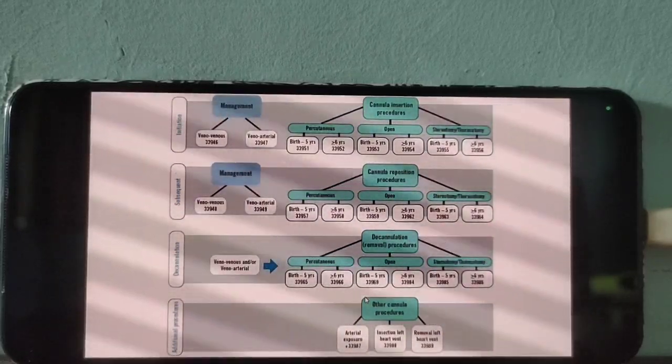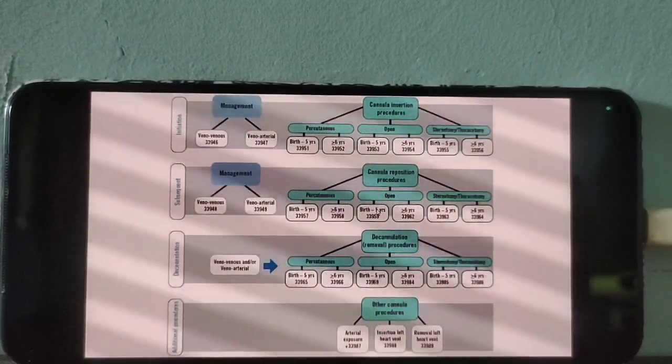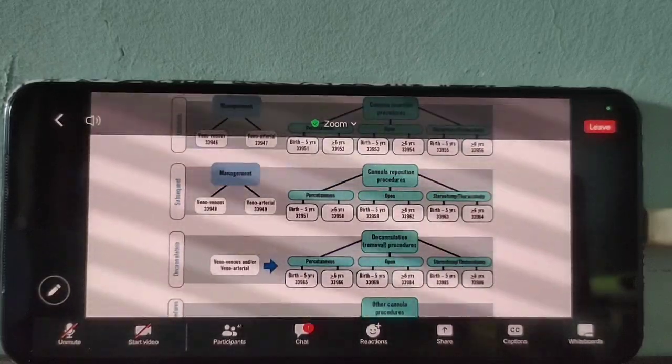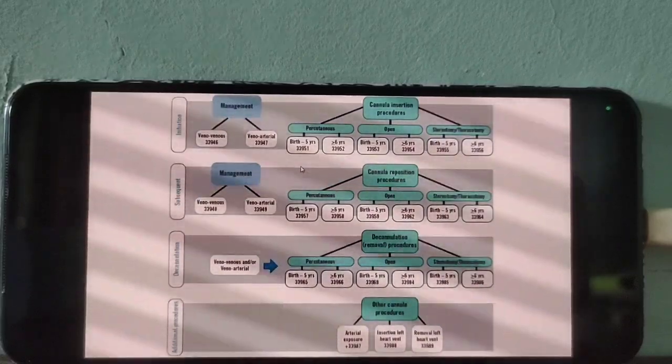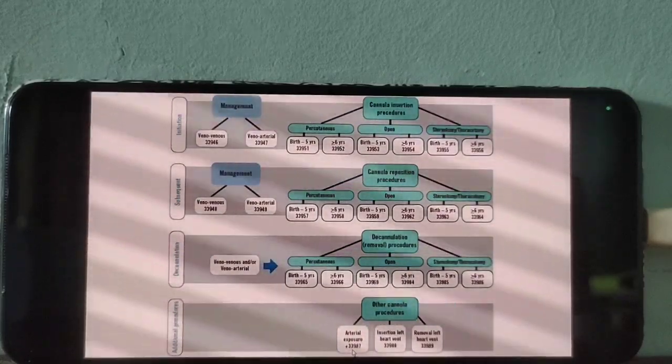Then the last one is other cannula procedure. That means along with the above code sections, if a provider also performs these three procedures, we can apply the code. For atrial exposure, along with the cannula procedure, if doctors also perform the atrial exposure, we should report 33987.